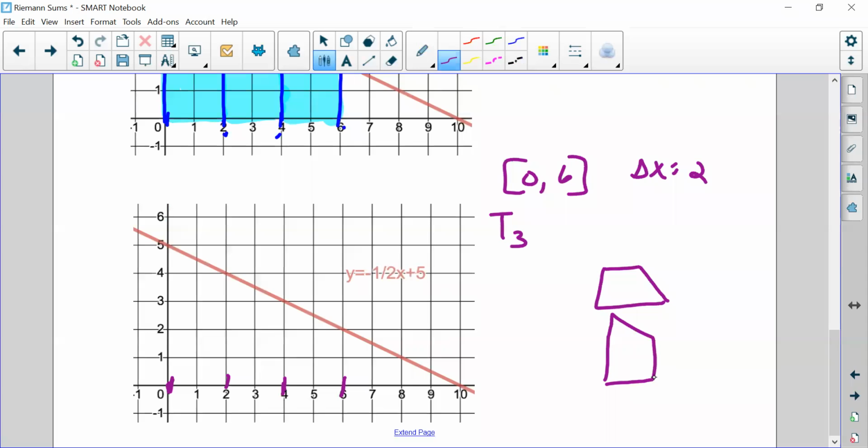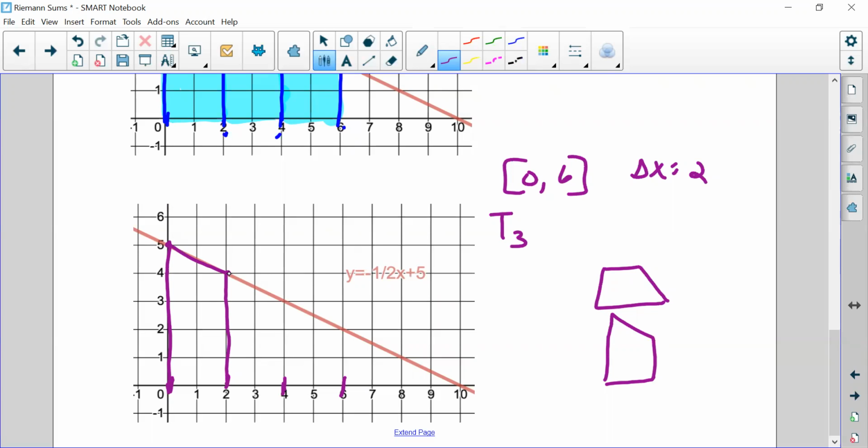So what you do is you use the height at the beginning of the interval for the beginning height, use the height at the end of the interval for your ending height, and then you draw a straight line connecting the beginning to the end. So that would be the trapezoid that you make.